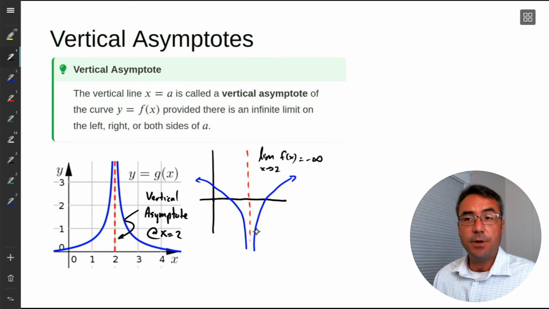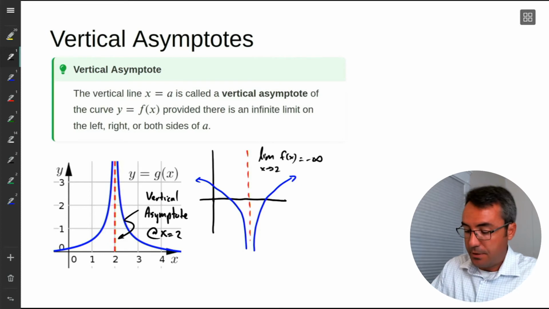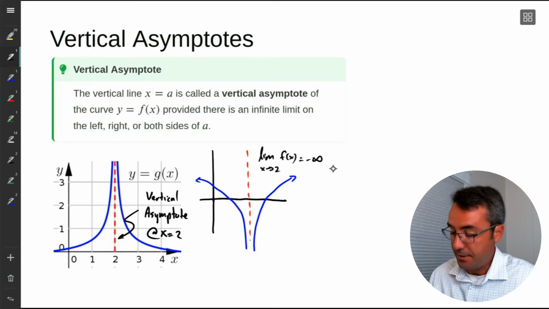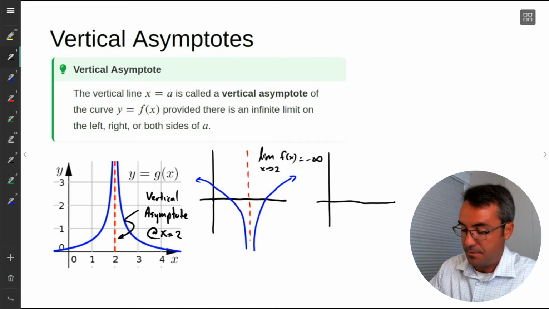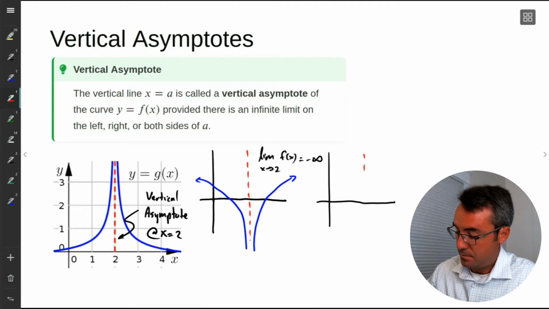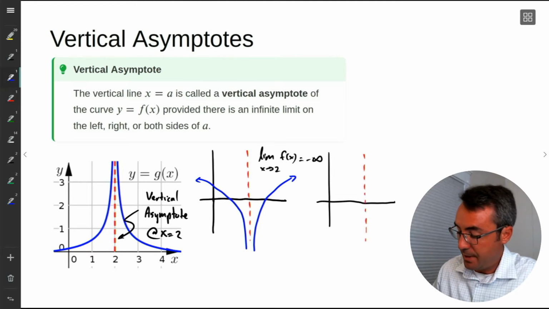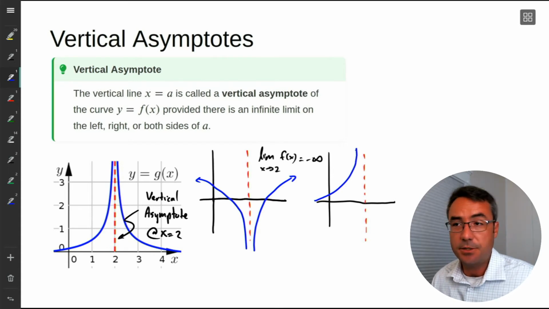But we don't have to have the same thing happen on both sides. So we could cook up examples where maybe it's different on either side. So here's another one. Maybe here at x equals 2, on the left it's getting large positive, but on the right it's getting large negative.